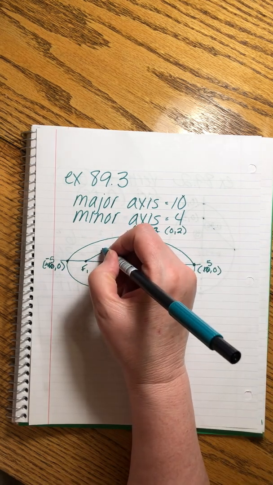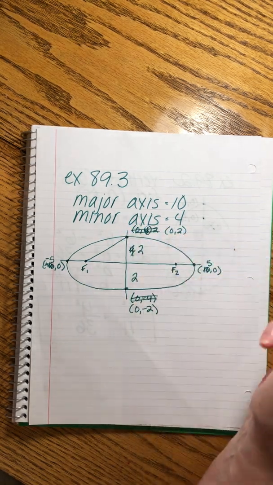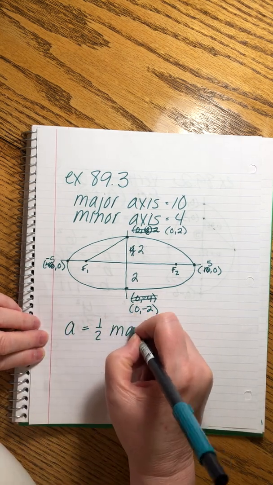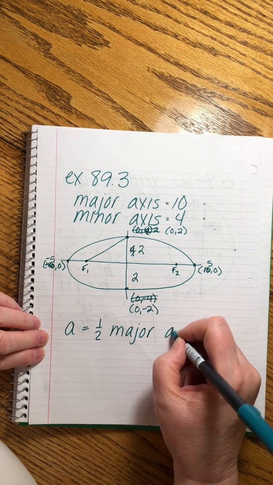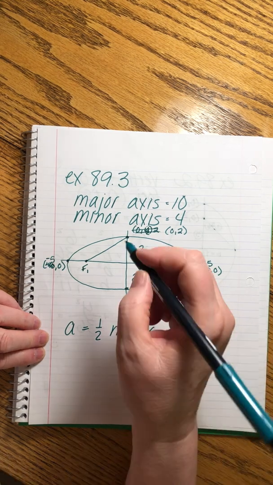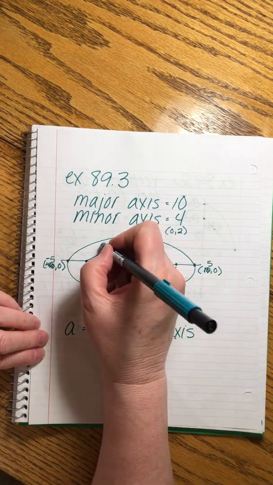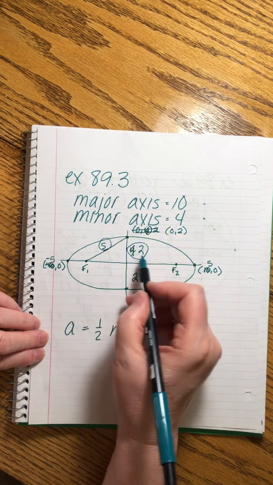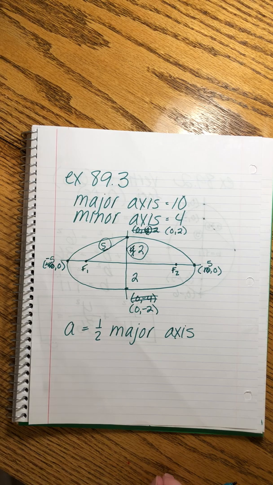A, this length, is half the major axis. I'm just going to write that down again. A equals 1/2 the major axis. And that means that this number must be 5. So now we have 2 of the 3 values that we need on this triangle.